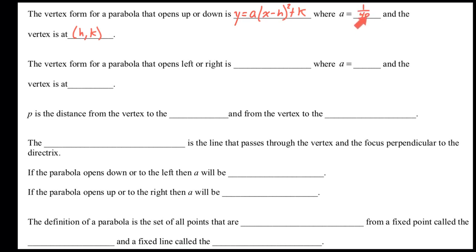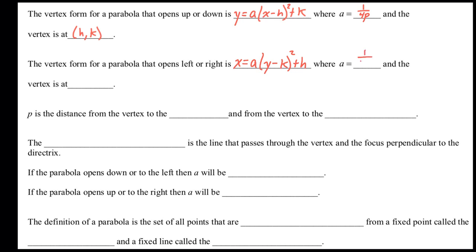Remembering that p is the distance from your vertex to your focus, or from your vertex to your directrix, and you can get that information from the graph of your parabola. Now the vertex form for a parabola that opens left or right is going to be x equals a times (y minus k) squared plus h.